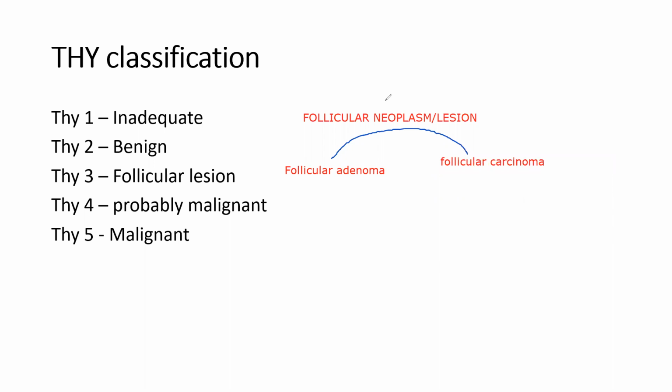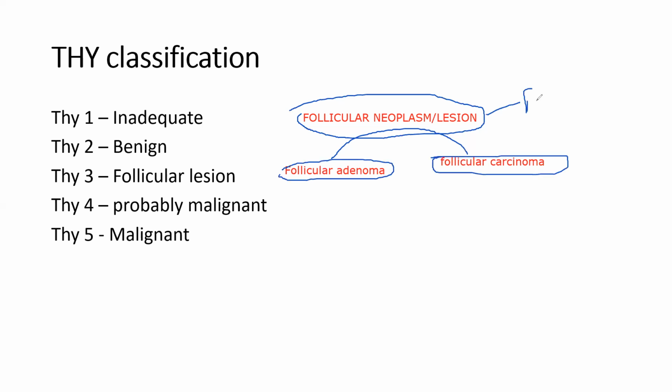So follicular neoplasm is what you get from your FNAC. Okay, so the FNAC will only tell up to this level, whether it's a follicular neoplasm or a lesion. This follicular neoplasm could either be a follicular adenoma or a follicular carcinoma. To differentiate these two, you need to do a biopsy. The FNAC will only give this.